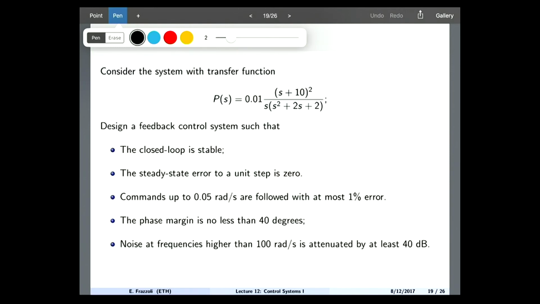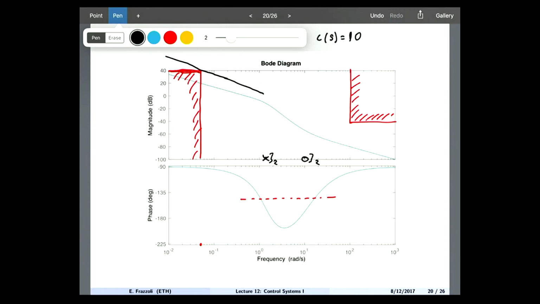So here I will go down by 40 dB per decade more. And here I will go again to this slope, okay? Good.